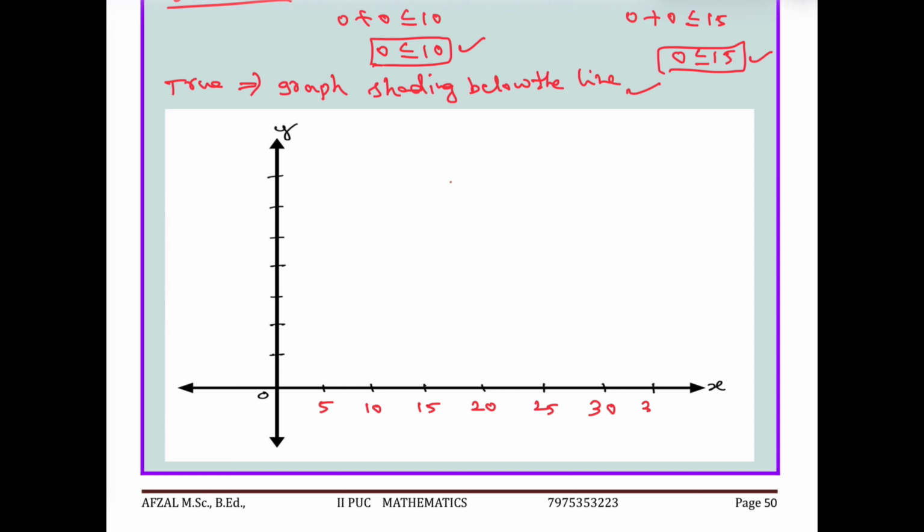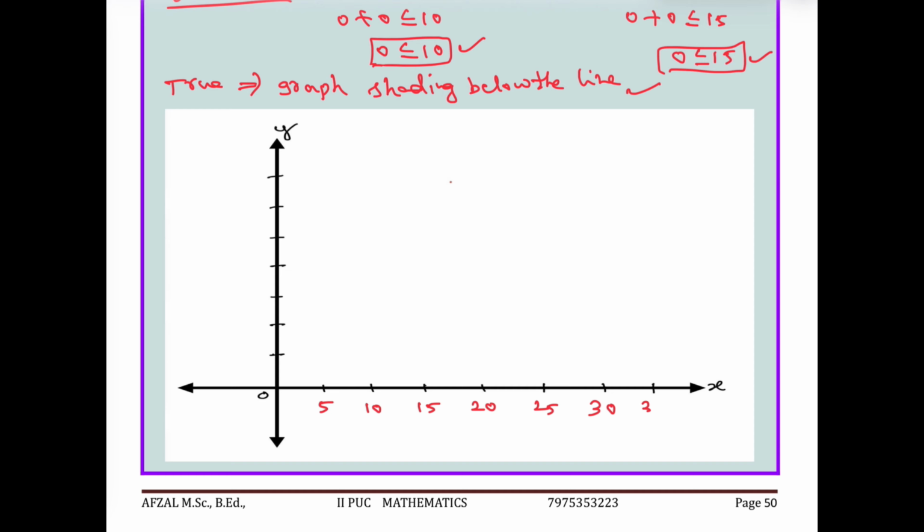First, taking one row, leaving that row and column, the remaining will be 6, 1, y, 1. Minus 2 into, leaving that row and column, we get 3, 1, x, 1. Plus 1 into, leaving one row and one column, the remaining is 3, 6, x, y, equal to 0.